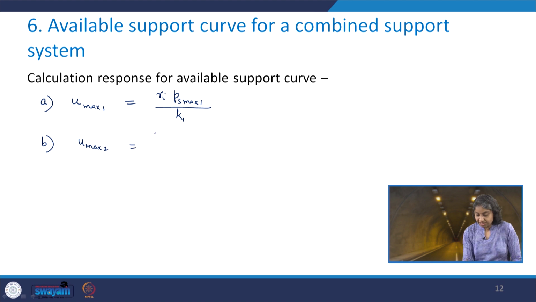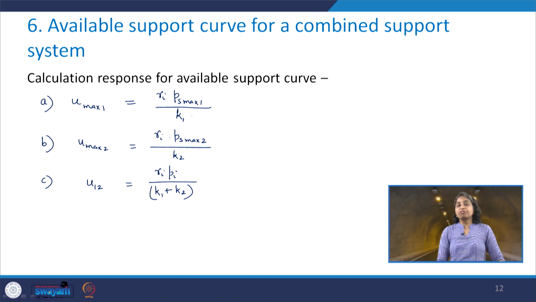This we can write as Ri into Ps max 2 divided by K2. If these two are combined, what will happen? We will have u12, which is equal to Ri into Pi divided by K1 plus K2. So, this is how we can find out the deformation for the first system, second system and the combined one.